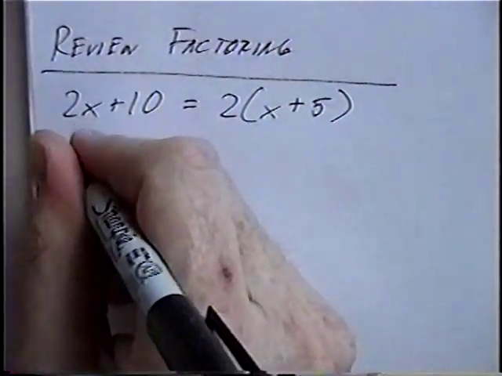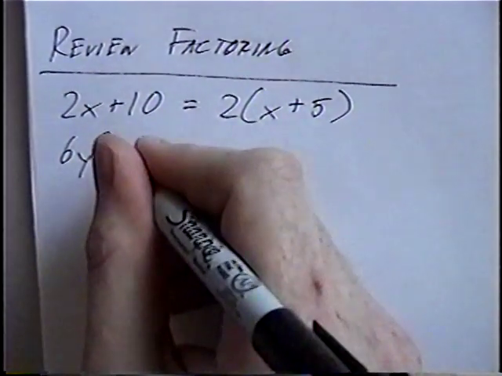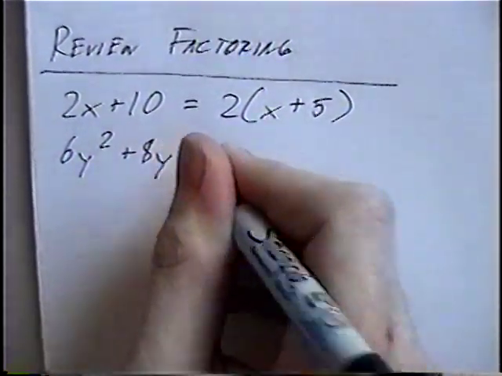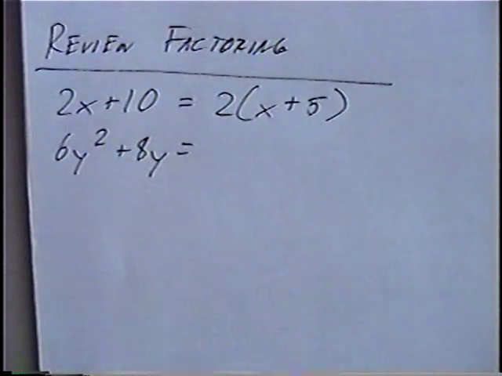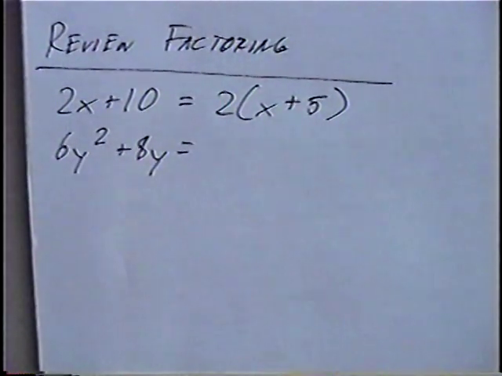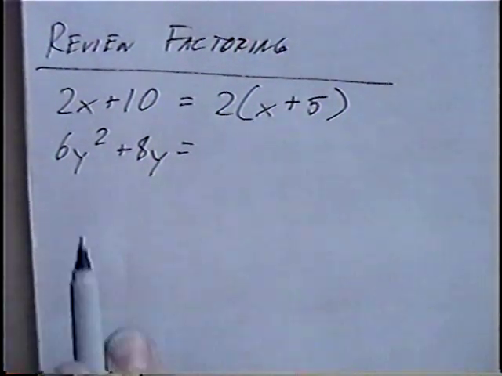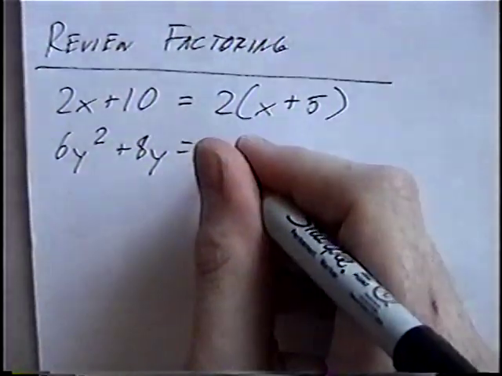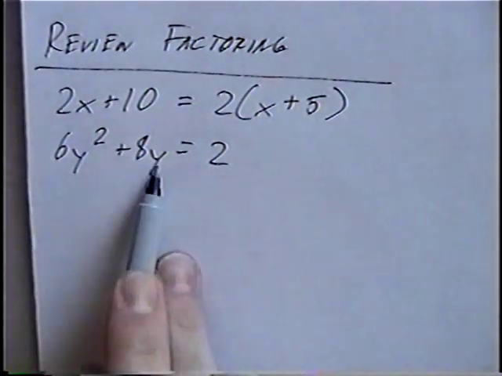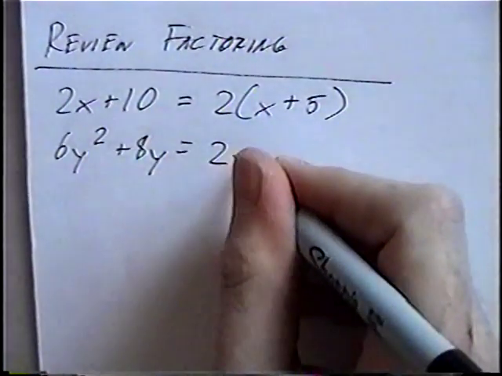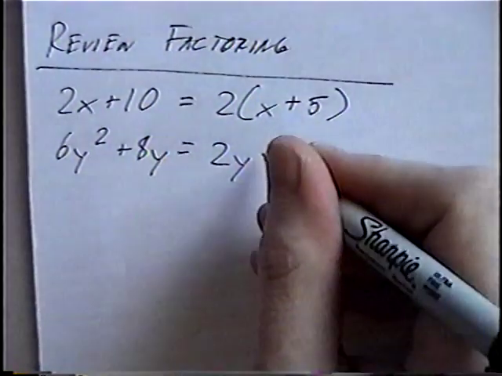Next factoring question is 6y squared plus 8y. Again, we'll take out the greatest common factor, or the biggest number that divides both of the coefficients, 6 and 8. 2 again goes into both of those. This time they both have the same variable, the same letter y, so we can take out 2y.